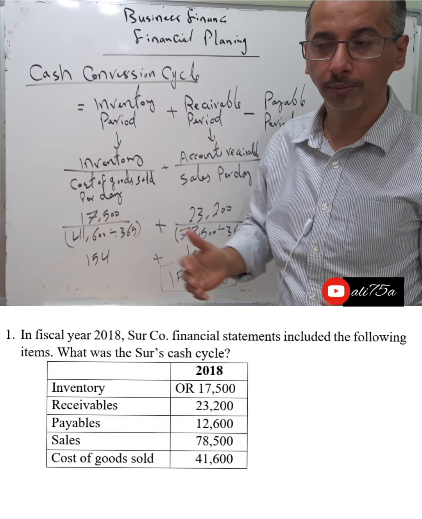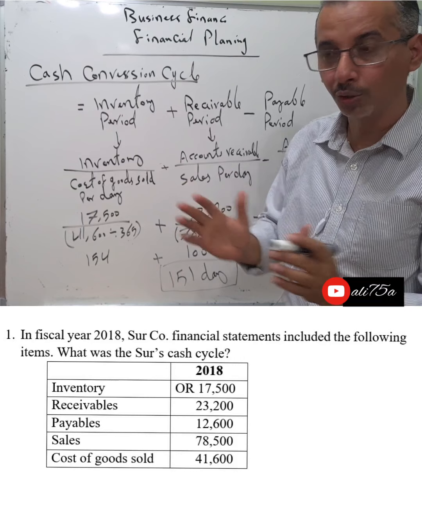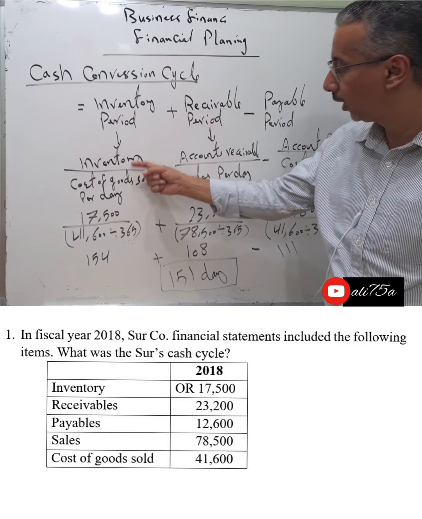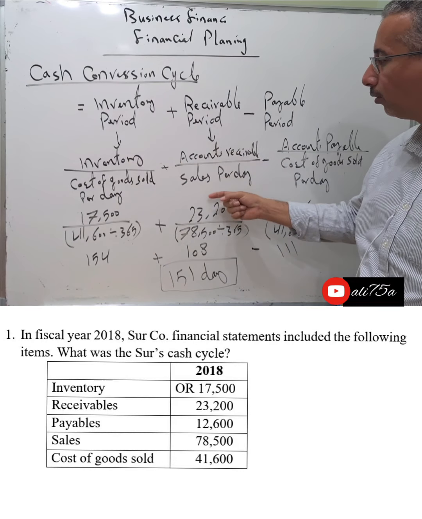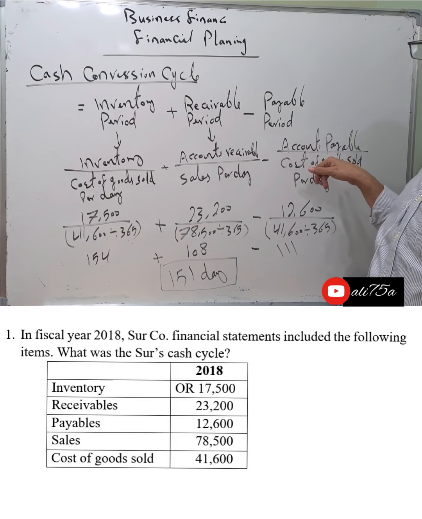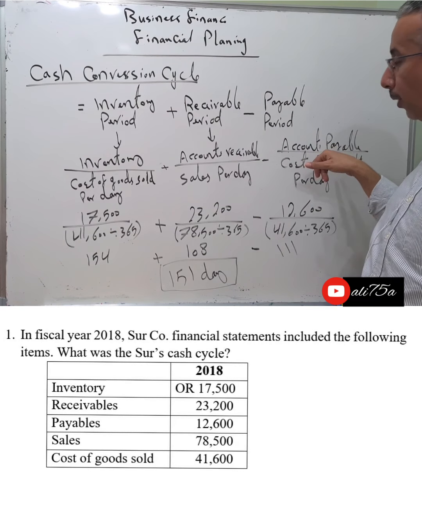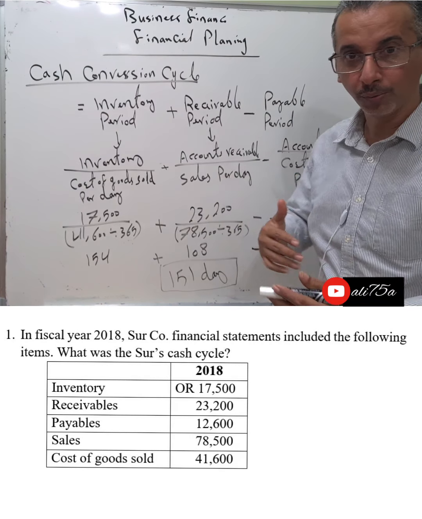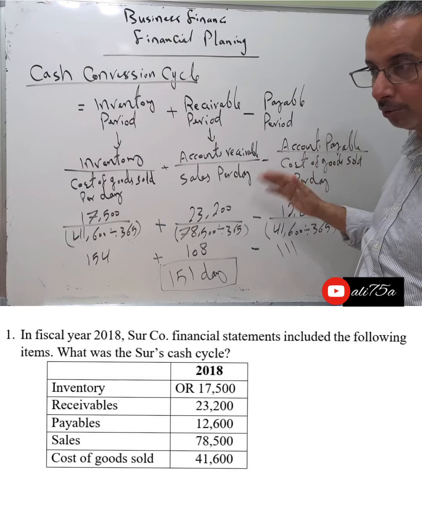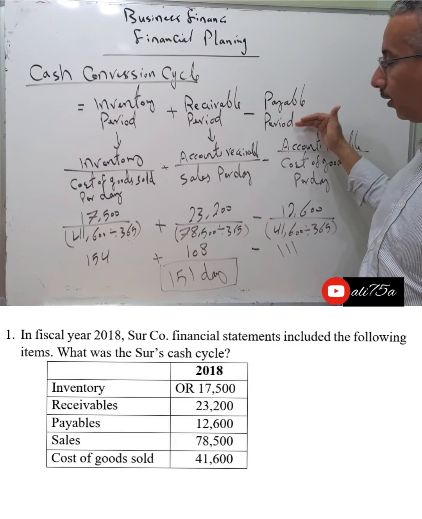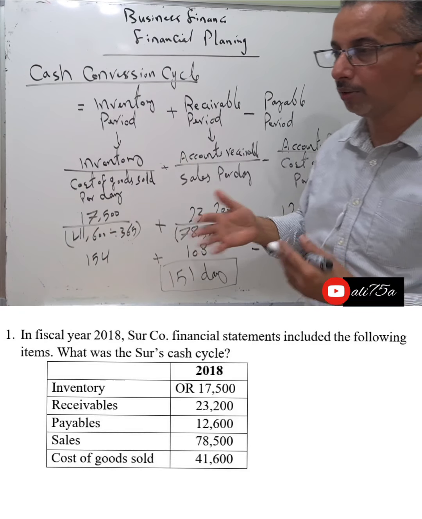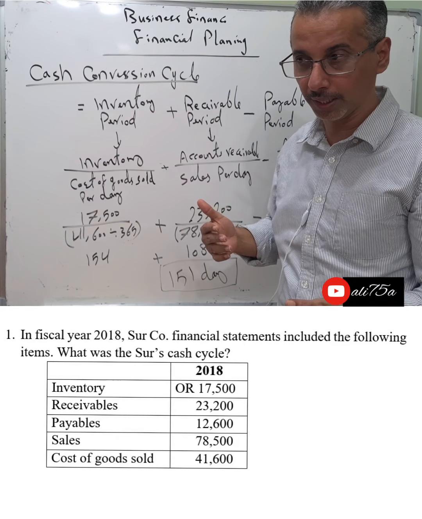Usually the company plans to reduce this period. How? Through reducing the inventory period and account receivable period, and increasing the account payable period without damaging the relationship with the supplier. We need to increase the credit period, to delay our payment, but without damaging our relation with the supplier.